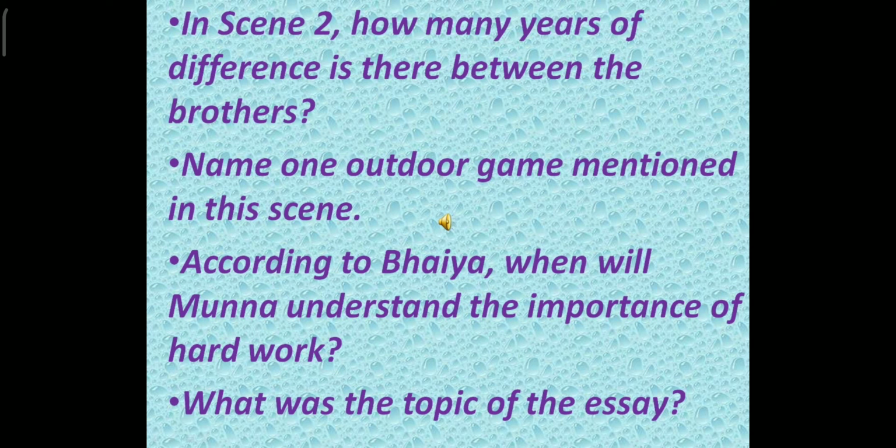That means in scene 2. Number 3, according to Bhaiya, when will Munna understand the importance of hard work? And number 4, what was the topic of the essay? Answers are very easy, alright? So again, I would repeat myself, try to do everything on your own without taking help from outside.